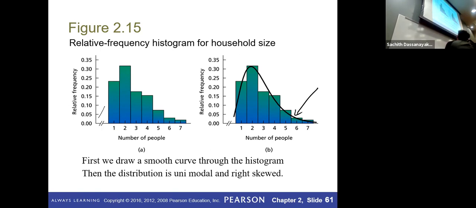You can see the right-hand side has more weight. So definitely it's going to be a skewed one. Which side is it skewed? The peak first goes up, then it's gradually going down, so you can call this right skew. You don't have to do any calculations. Just imagine what's going on here, an imaginary smooth curve on top of the histogram. Then you can find the shape.